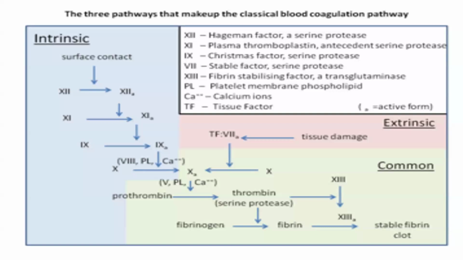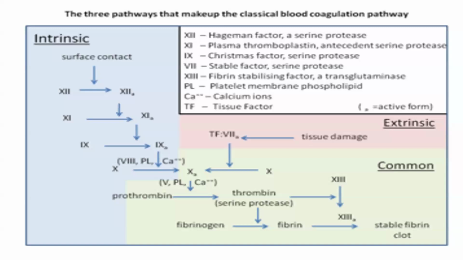Factor 12 activated activates factor 11, and activated factor 11 activates factor 9. Activated factor 9 will need some cofactors: factor 8, phospholipid, and calcium, to activate factor 10. Activated factor 10 will join the common pathway.